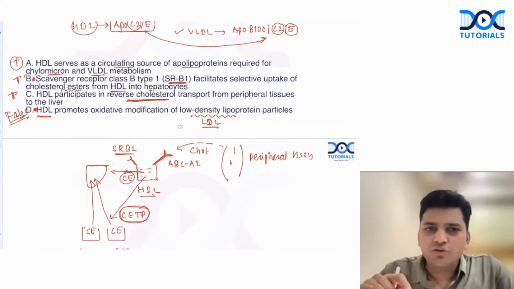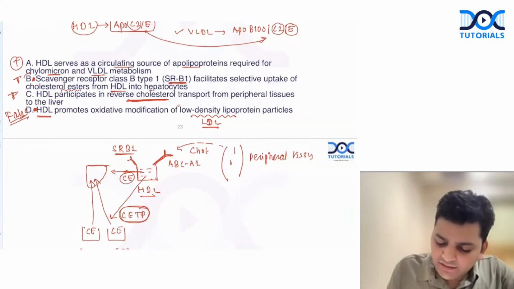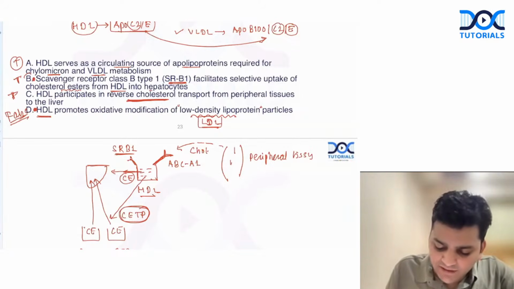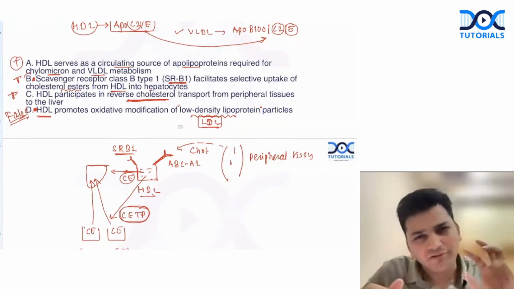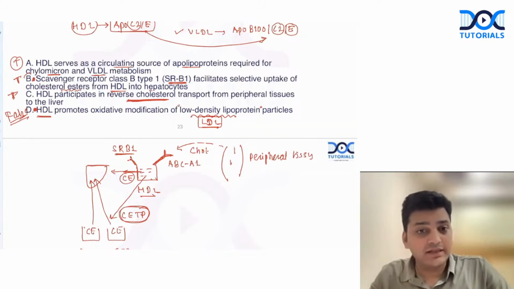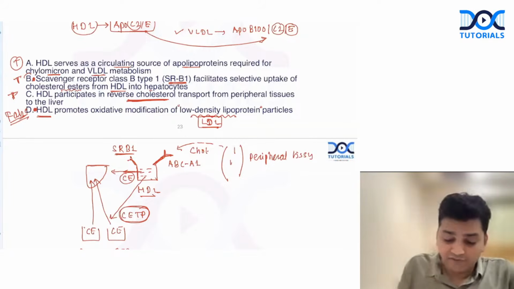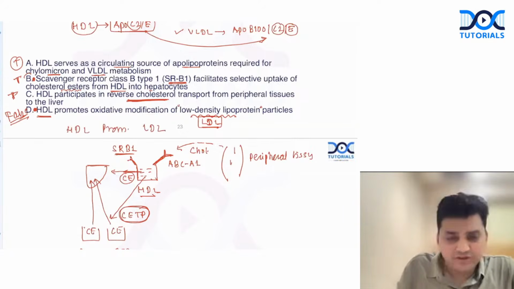This question would have been slightly easier if, instead of low density lipoprotein, the word LDL was mentioned, which is actually the same. Then your eyes would have caught that thing. HDL promotes LDL. No, HDL does not promote LDL. If I remove this last option and I write like this, HDL promotes LDL, is it a true or false statement?